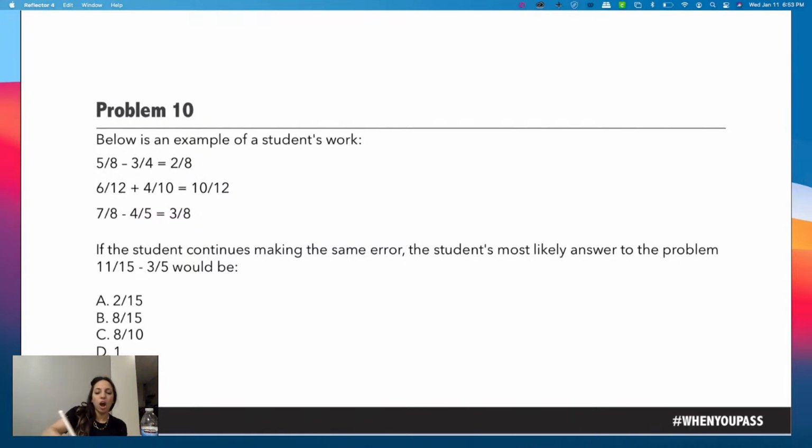So they are already telling us that this student is making an error. What is the student doing to get these answer choices?